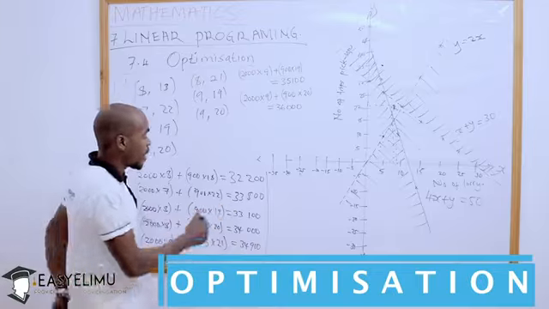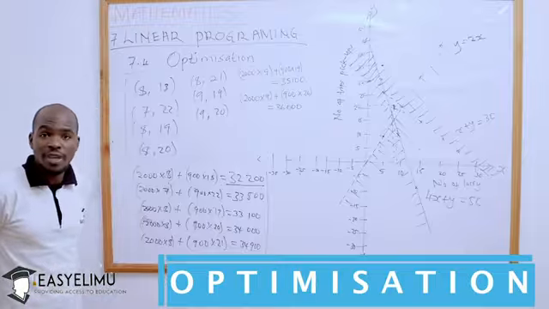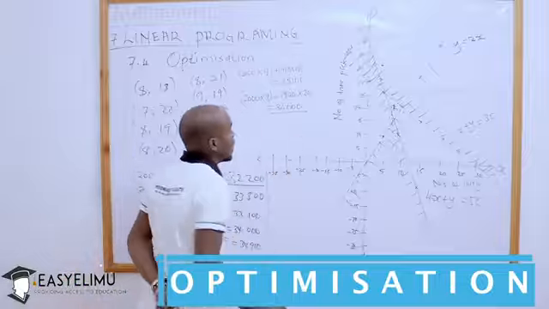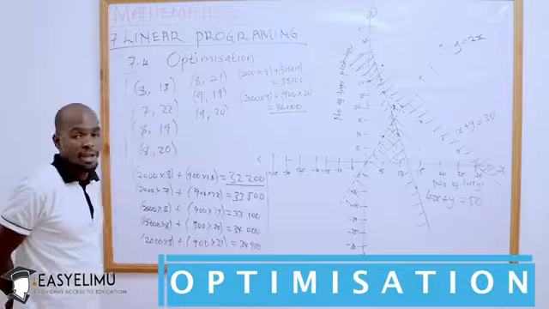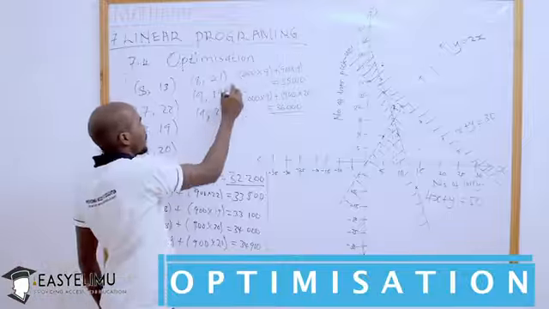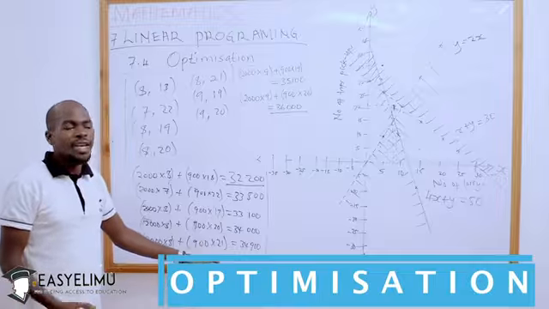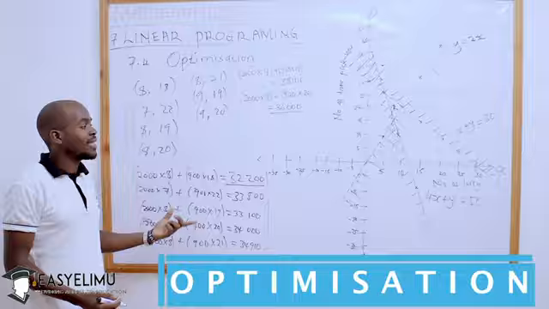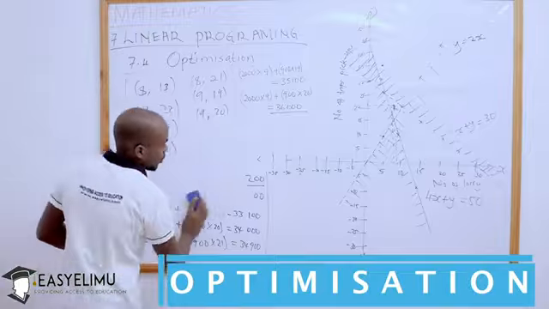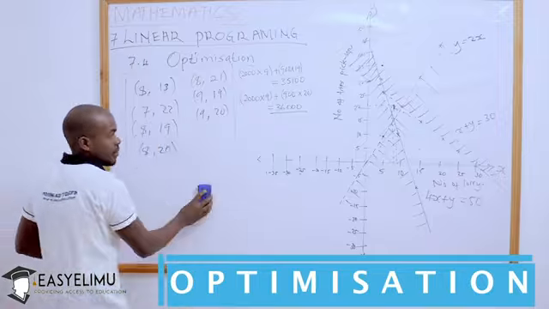From there, we find that the minimum is 32,200 shillings, and the maximum that the contractor can use is 36,000. You can also see clearly that using this method is quite tedious, and you will get tired while calculating. To avoid that tediousness, you will use the objective function to find out whatever we want. I will guide you through.